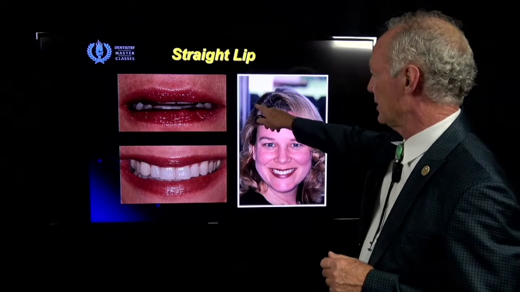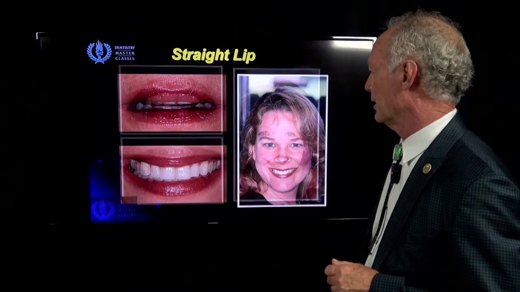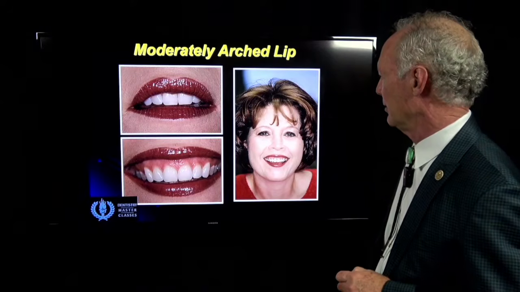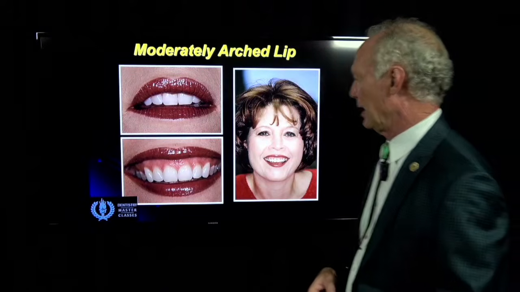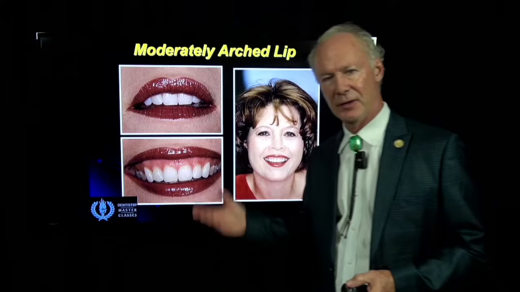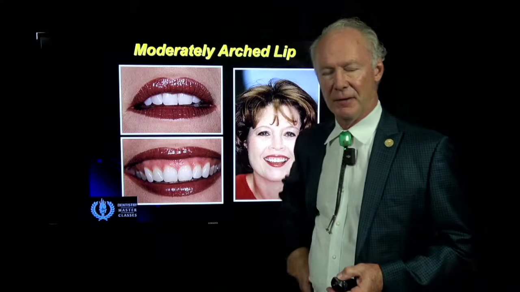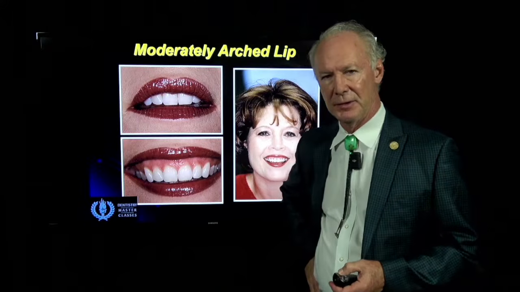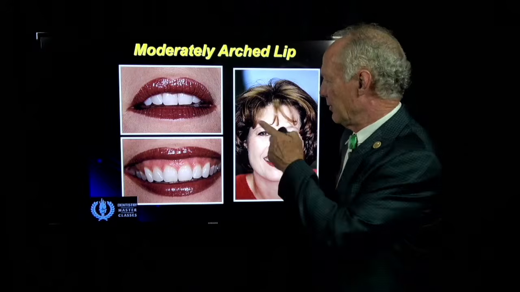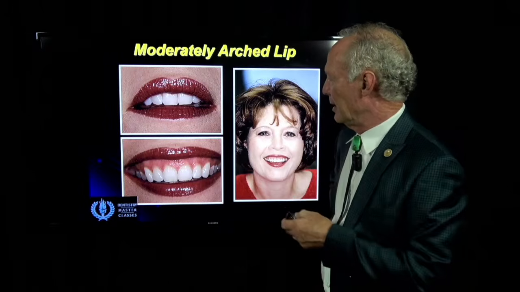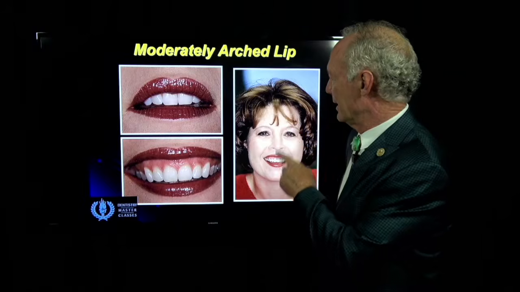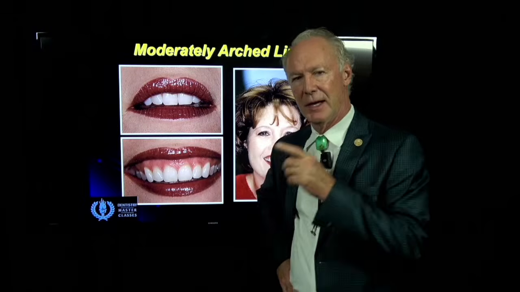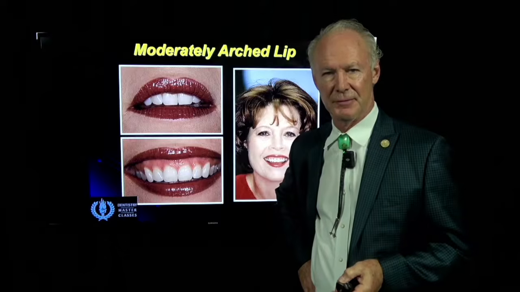So this is the first type lip, a flat lip. This is the second type lip, a moderately arched lip. Now, I studied this years ago and published an article on this. I've not seen another one published, but most models have a moderately arched lip. Now, when I'm talking about the type of lip, I'm talking about lips in repose.